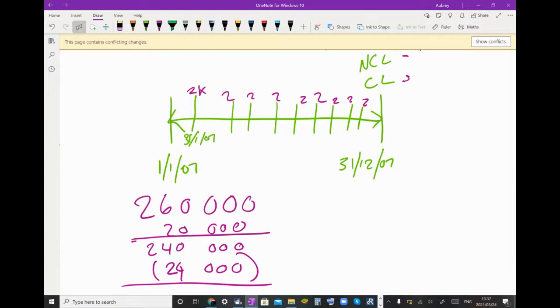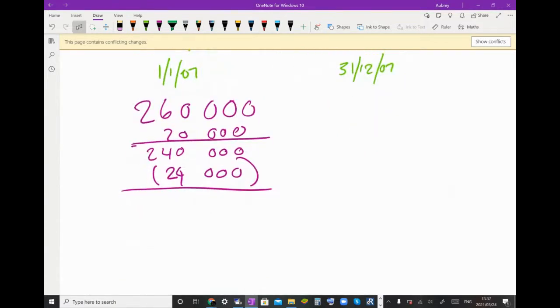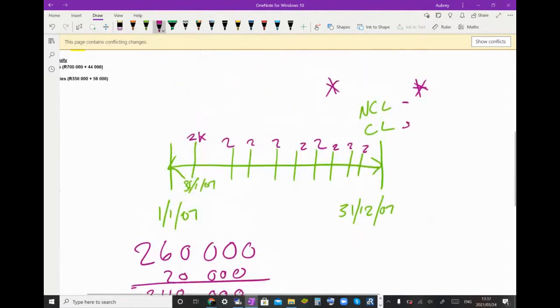We want to calculate what the balance on the vehicle is that we owe in a nutshell. That gives us 226. No, wait, I made a mistake. 216.